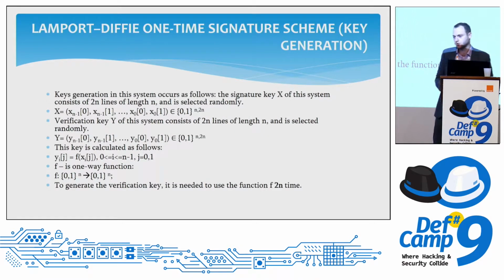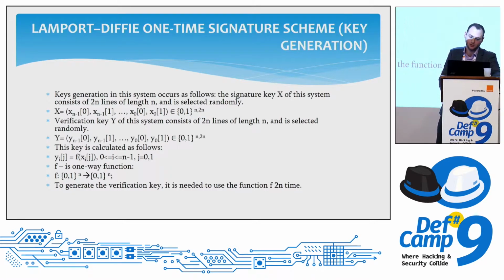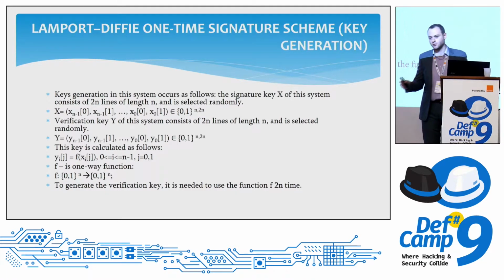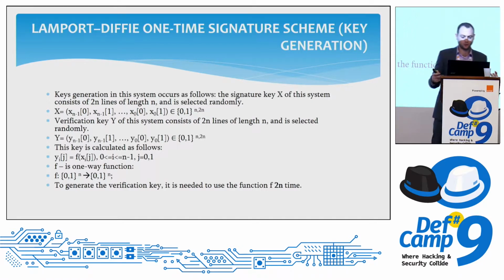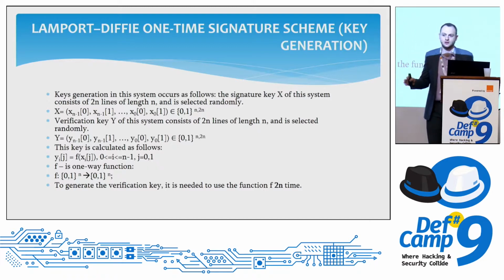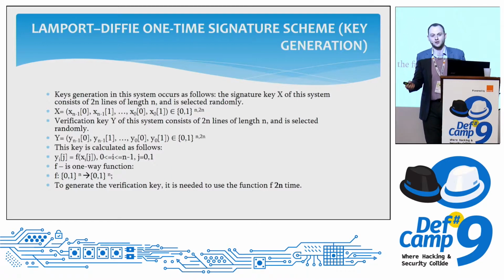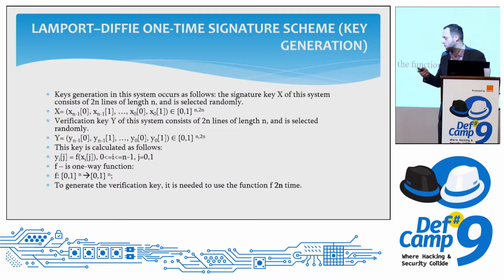So first were offered one-time signature schemes, concretely the Lamport signature scheme. How does it work? It has the signature key. This key consists of 2n lines. Each line has the size n, and to get the verification key, we apply a one-way function to it.